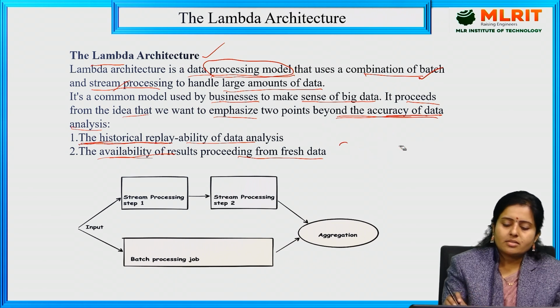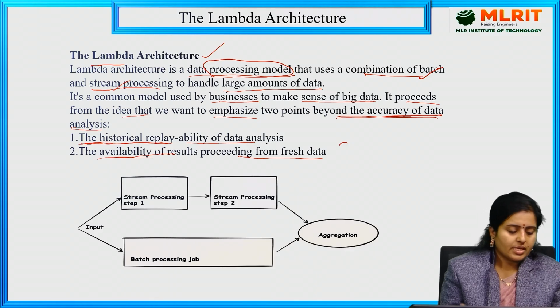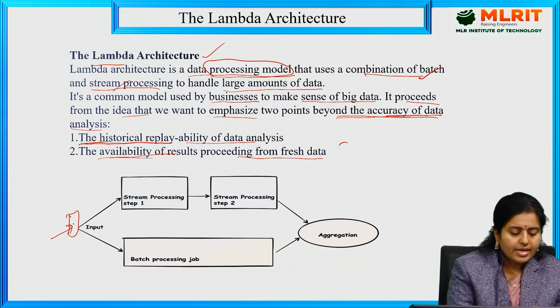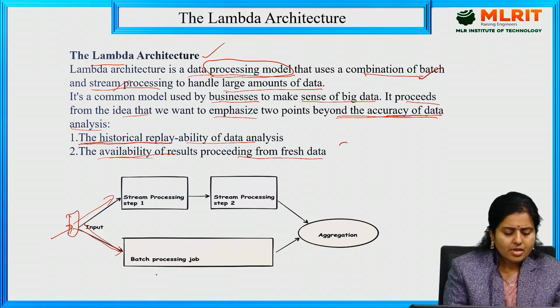That is the reason we can say that lambda architecture is a combination of both streaming and batch processing. If you observe the diagram, this is the input, and the input is shared between batch processing and stream processing. Here you can see the batch processing job, and the stream processing step 1 and next stream processing step 2.